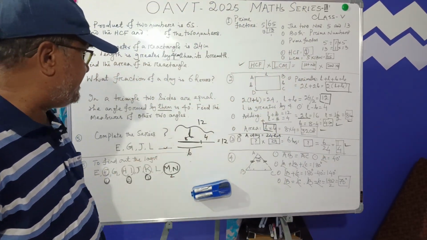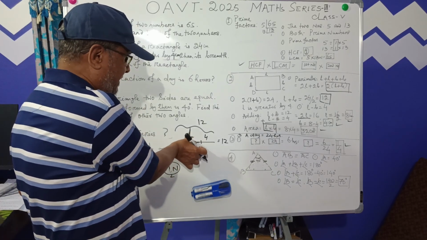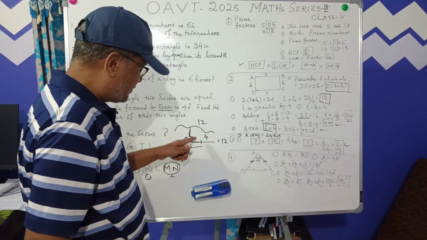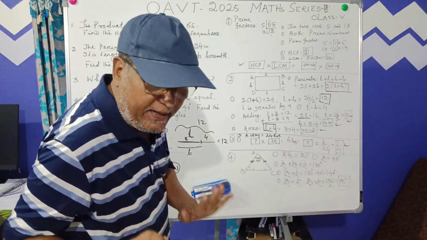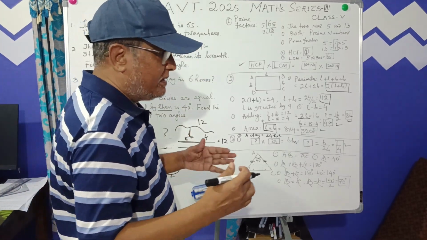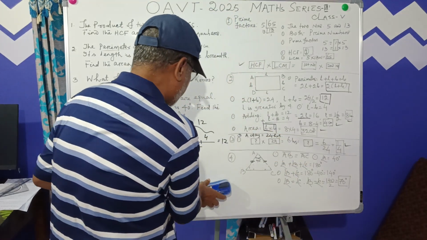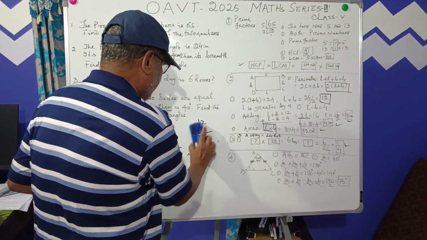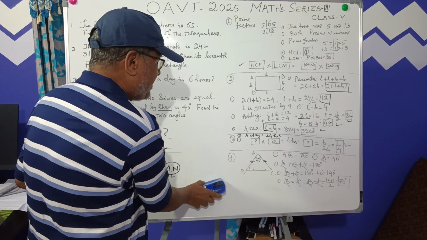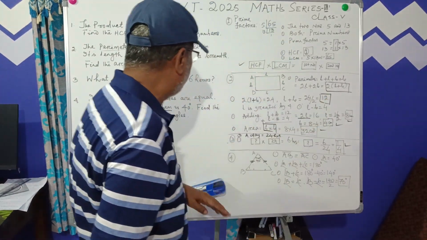How can you find out the breadth? The two lines will be equal. The sum of the two lines will be 8. So one breadth will be 8 divided by 2 equal to 4, that will be 4 cm. So this is for your understanding.